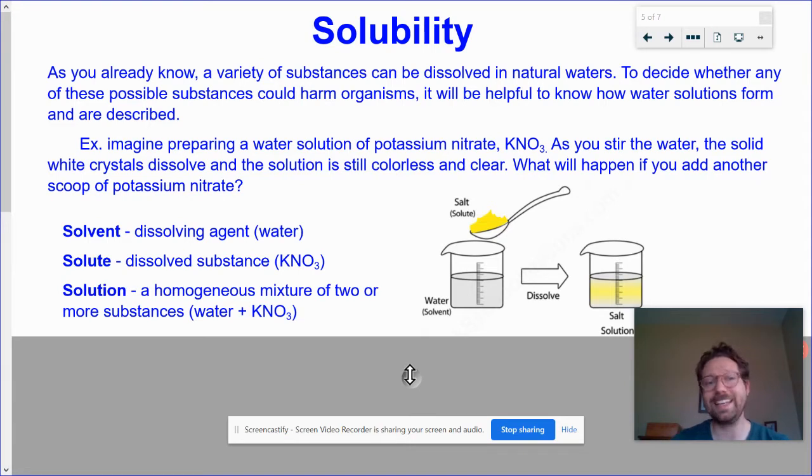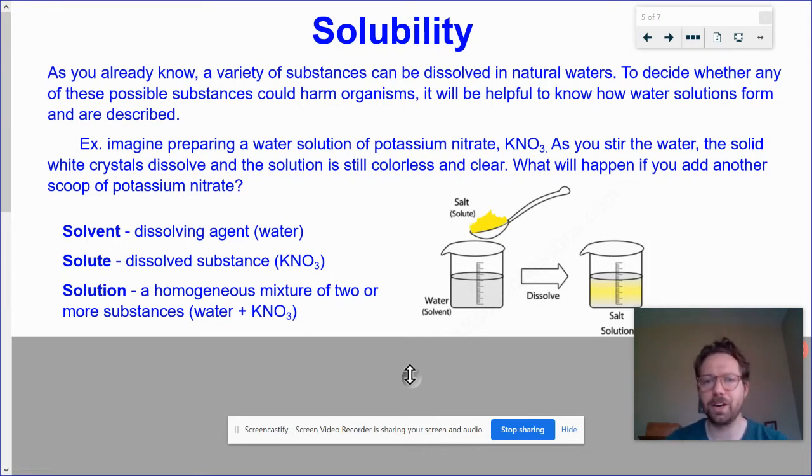That dissolves in water, so therefore water is the solvent. And together, the solute and solvent make a solution, which again is a homogeneous mixture of two or more substances, in this case, water and sodium nitrate.